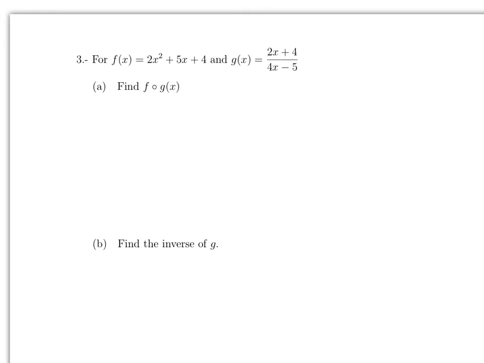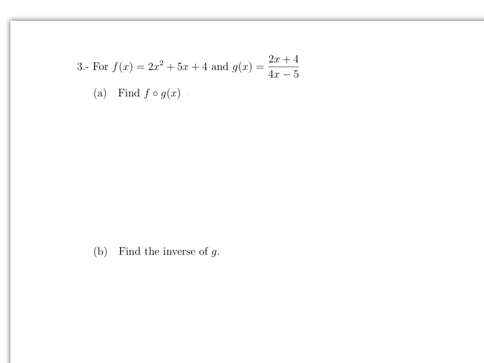Okay, number 3, we're going to do a composition of functions. So first, notice that this just means f of g. Now, this looks messy, but it is actually pretty simple. If I were to ask you to find f of 3, then this will be 2 times 3 squared plus 5 times 3 plus 4, and then you simplify.